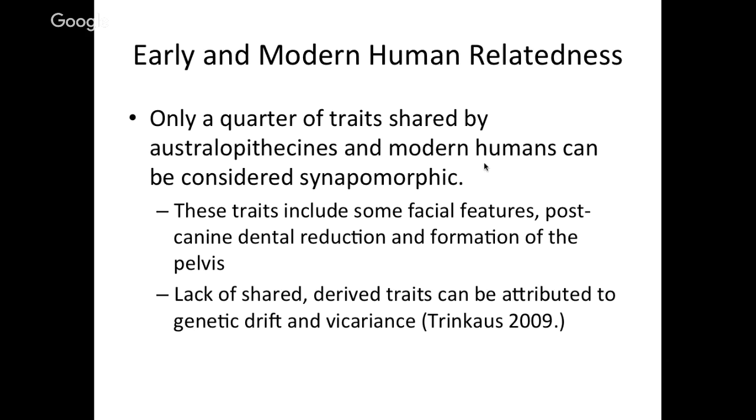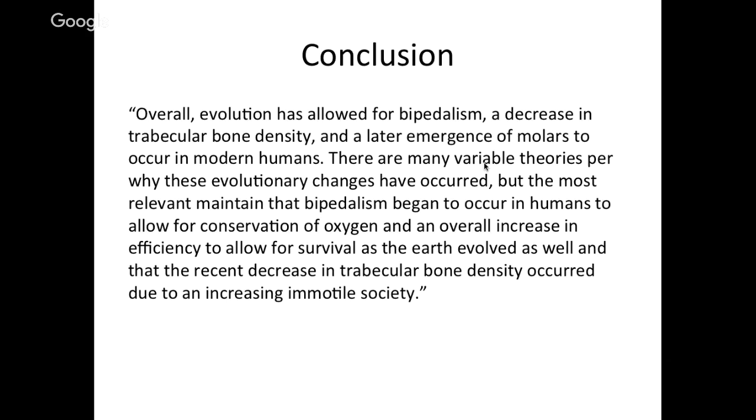In conclusion, evolution has allowed for bipedalism, a decrease in trabecular bone density, and a later emergence of molars to occur in modern humans.